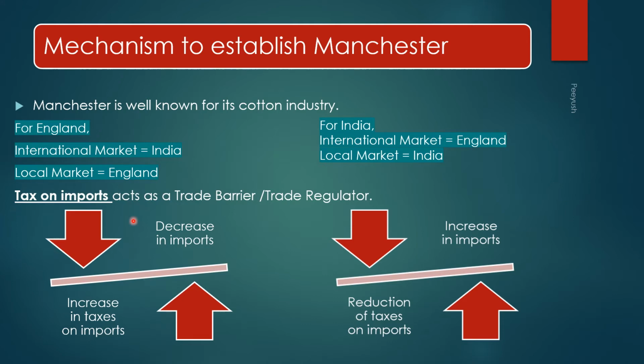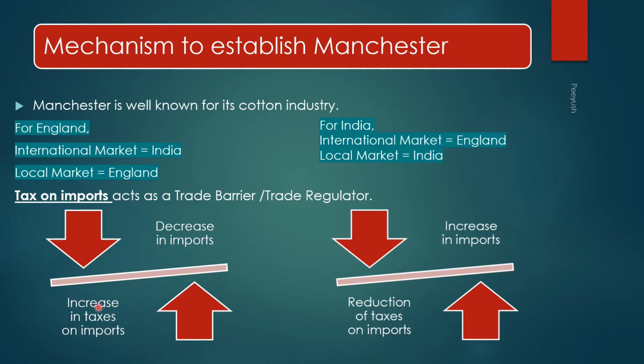You can see here this diagram. Let's say you want a particular product to come to your country, India, I mean to be imported. If you want more import, what would be the case? And if you want less import, what could be the case? How is it regulated by tax on imports? Consider this situation.